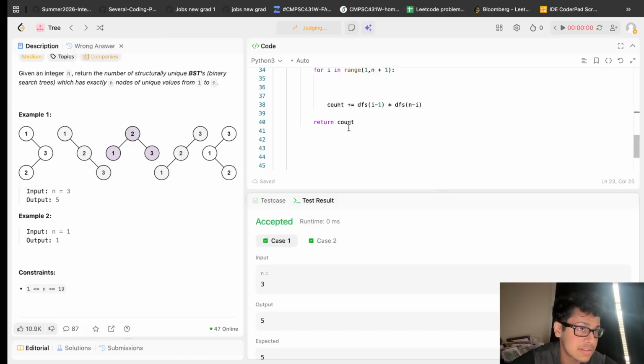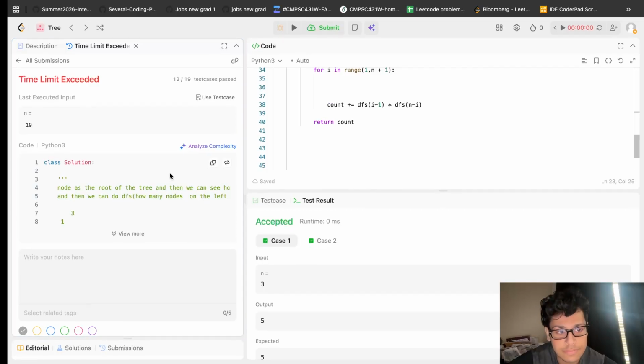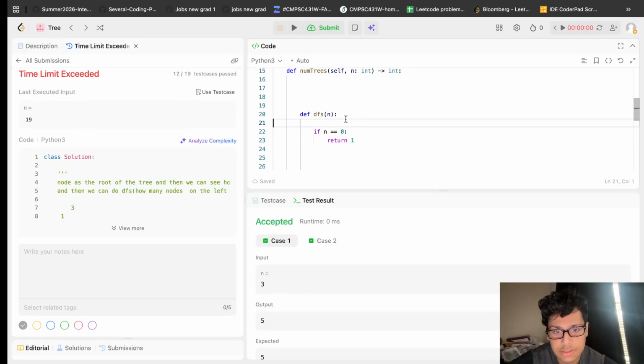So when you're doing plus, there's actually max and times. Okay. And that is just memoization.